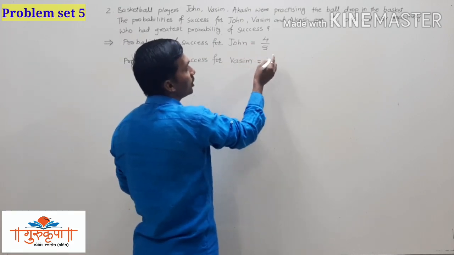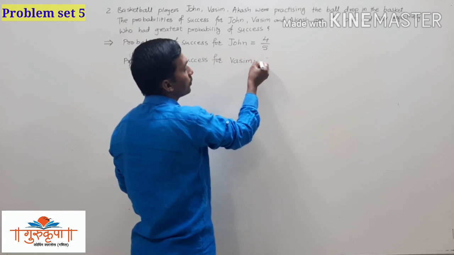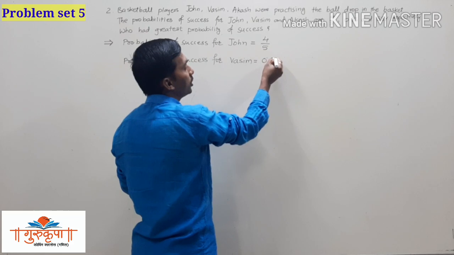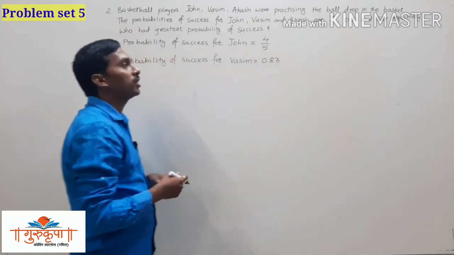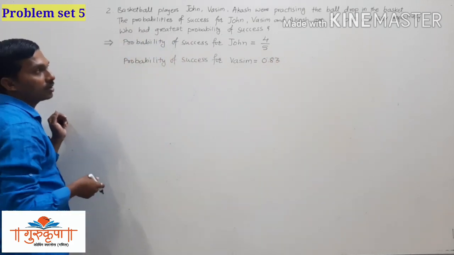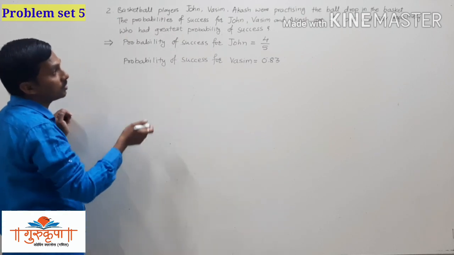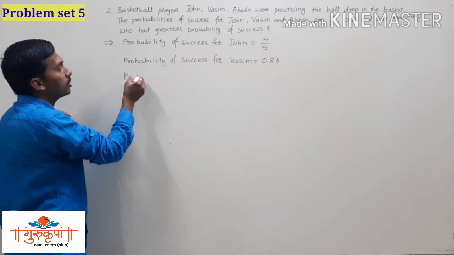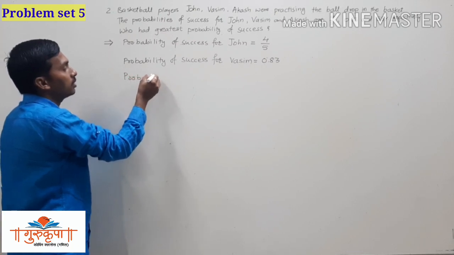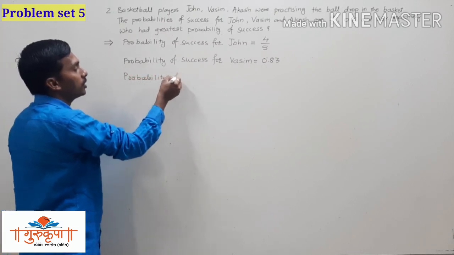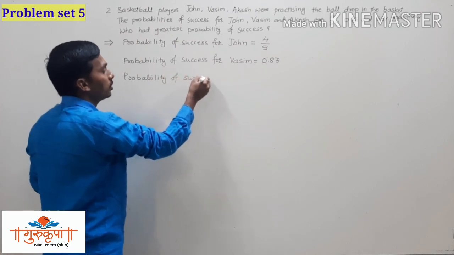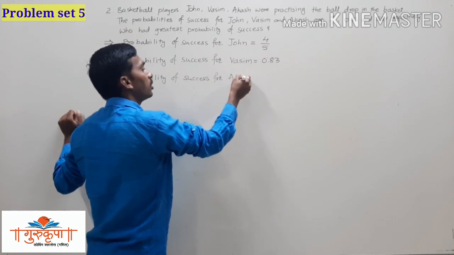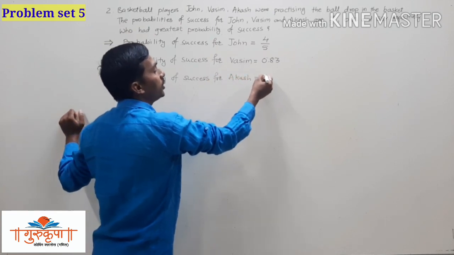It is given that 0.83 is in decimal form. And the third basketball player is Akash. So here we write probability of success for Akash, it is given as 58%.